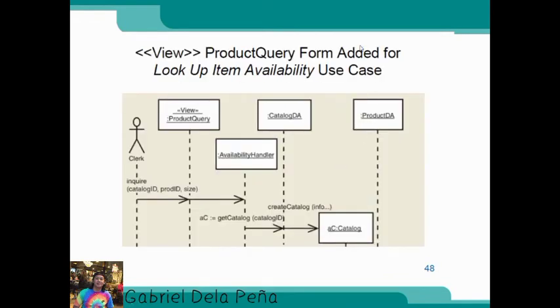The sequence has a product query form added for the lookup item availability use case. First, the clerk inputs the catalog ID, product ID, and size. That is the product query. Next is the availability handler to get the catalog ID, and the catalog DA to get catalog information.